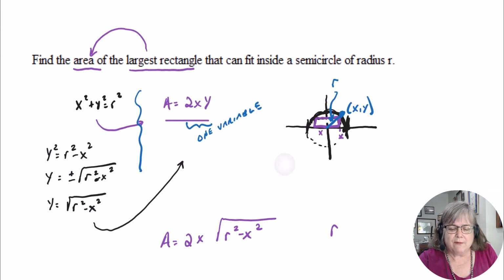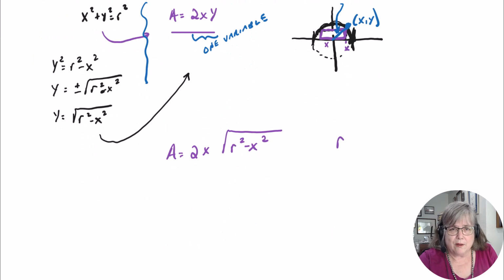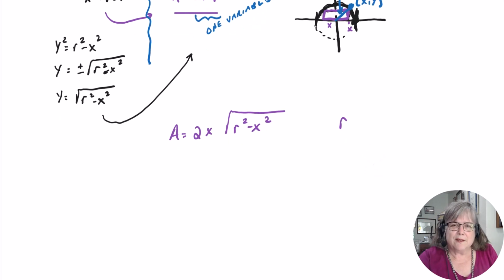So this is going to be a formula for any given r, where r might be 3, or r might be 2, or r might be 47. So r is going to be some number that is fit for whatever use you're trying to design this for. So r is just a placekeeper for a number.